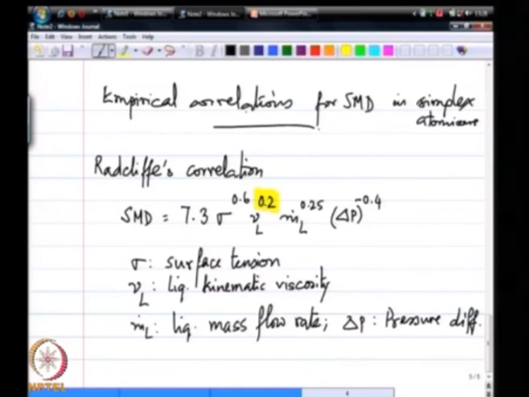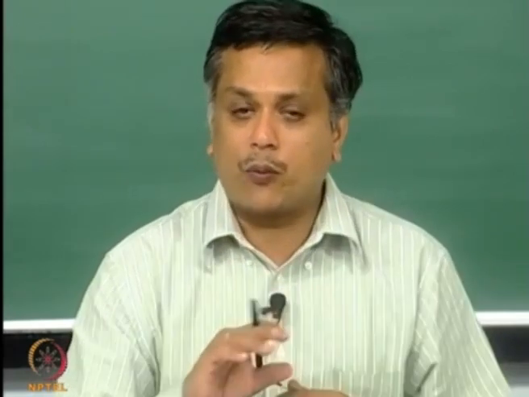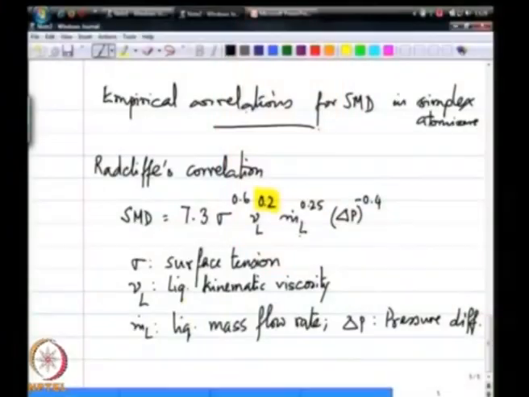So, really speaking, this is supposed to be valid over a large range of atomizers that go beyond just a single atomizer, but if I were to apply this over one single atomizer, I have to figure out how delta P is related to m dot L, and that is usually using the Jones correlation using CD, where you can relate the volume flow rate to delta P, or the square root of delta P more precisely, and that gives us some way to relate all these parameters.